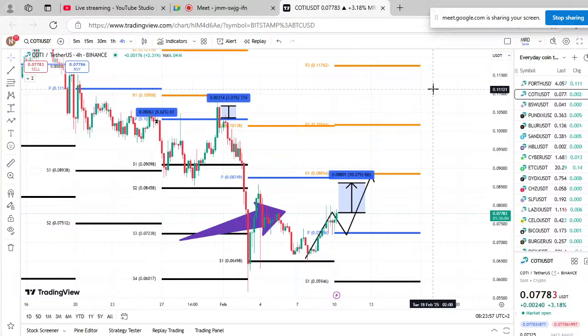We turn on Fibonacci because we want to look at the support and resistance levels of the market, so that we can identify where to enter from and where to exit from. That is the reason why we encourage you to understand support and resistance, because they help us understand where to enter from and where to exit from. That is the use of support and resistance.